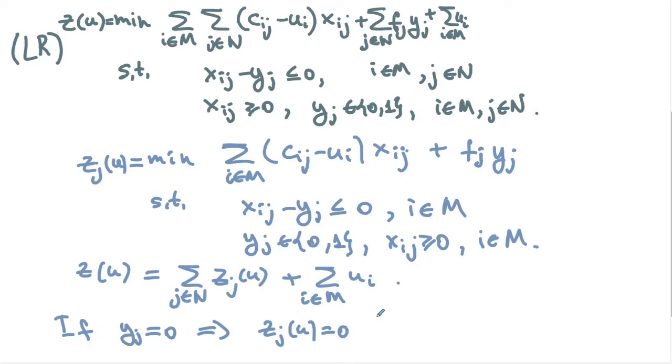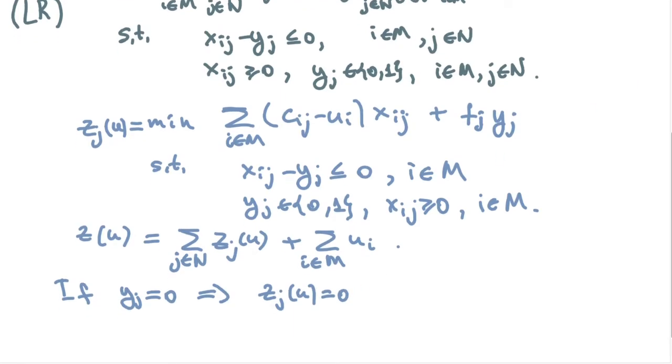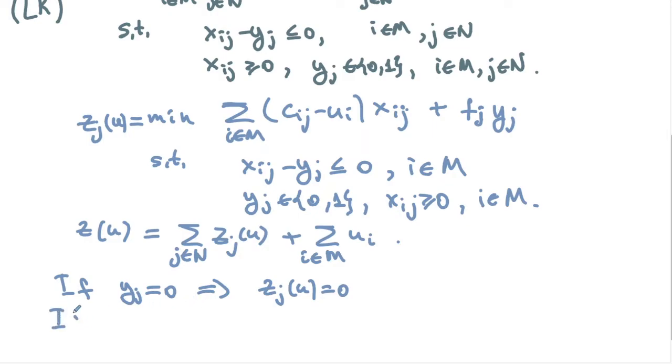And the second possibility is when yj is equal to 1. If yj is equal to 1, then let's see what we get for zj. So zj of u in this case is going to be, here we have fj coming from the fact that yj is equal to 1, and the only constraint on xij is that it is less than or equal to 1 now, and clearly we need to only have xij equal to 1 when cij minus ui is negative.